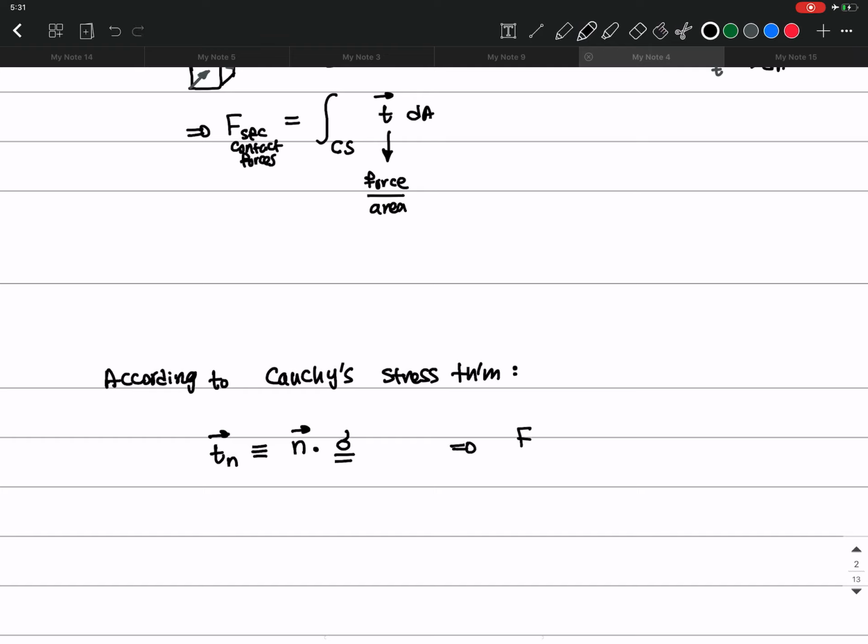The F of all surface forces becomes the integral over the control surface of n dot sigma, the stress tensor, so I'm going to replace it with this.